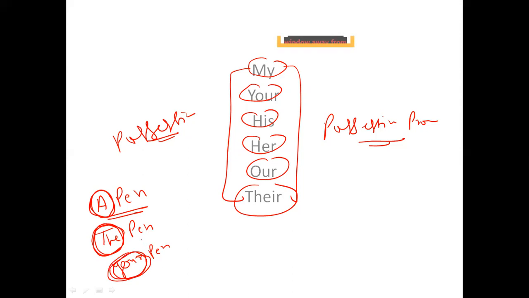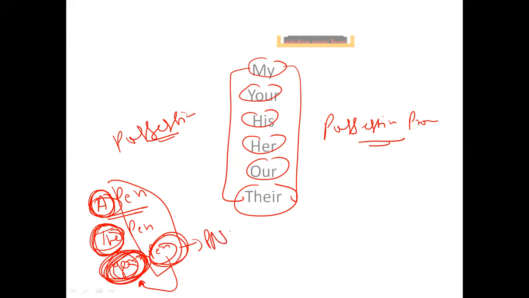So it should be clear to you whether I'm using a definite article, an indefinite article, or a possessive pronoun, right? So this noun will remain the same. Possessive pronouns are the words which show possession of the noun. The noun is pen, right? So it is showing possession of the noun. So it can be any of these, right?